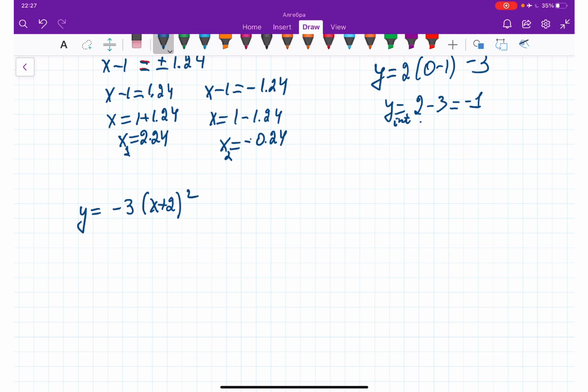So what do we have? We have a times x plus h squared and then plus k, which in this case we have 0, right?